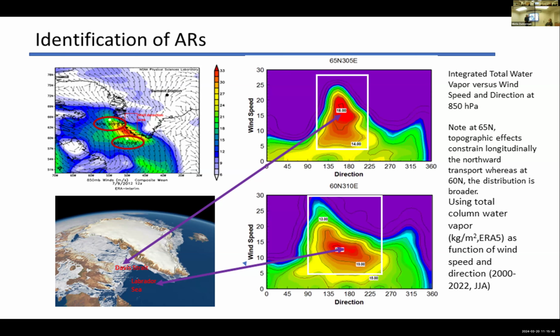I looked at the distributions of total integrated water vapor in the total column versus wind speed versus direction, discovered that if you go up toward the Baffin Bay, that is very focused and controlled right by the topography. I said, well, I can characterize the entire atmospheric river with 1 point from the reanalysis data. So I picked 850 hectopascals over Davis Strait here and said, what can I do with that? Next slide.